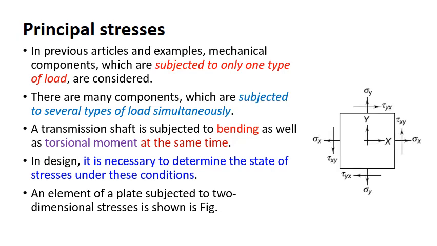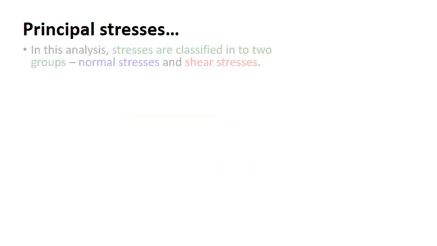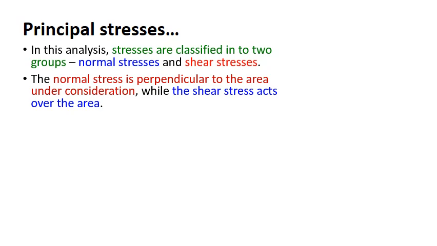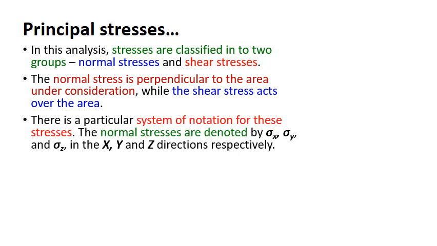Let us understand this notation in the next slide. We have normal stress, we have shear stress. So we basically classify the stresses into two groups, normal stress and shear stress. We know normal stress acts perpendicular to the area under consideration, while shear stresses act parallel to the area.